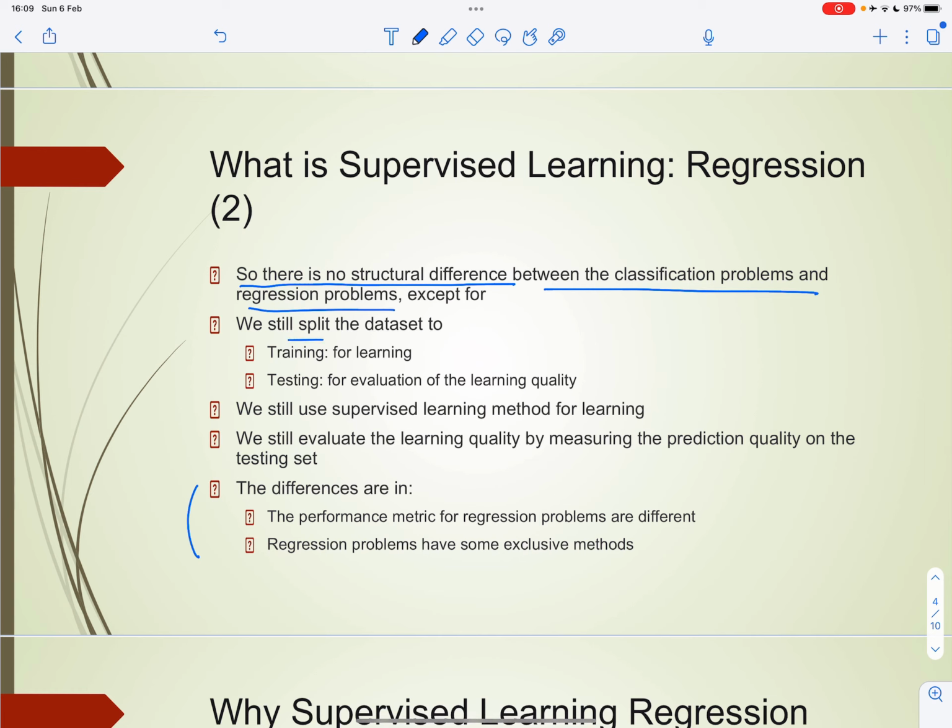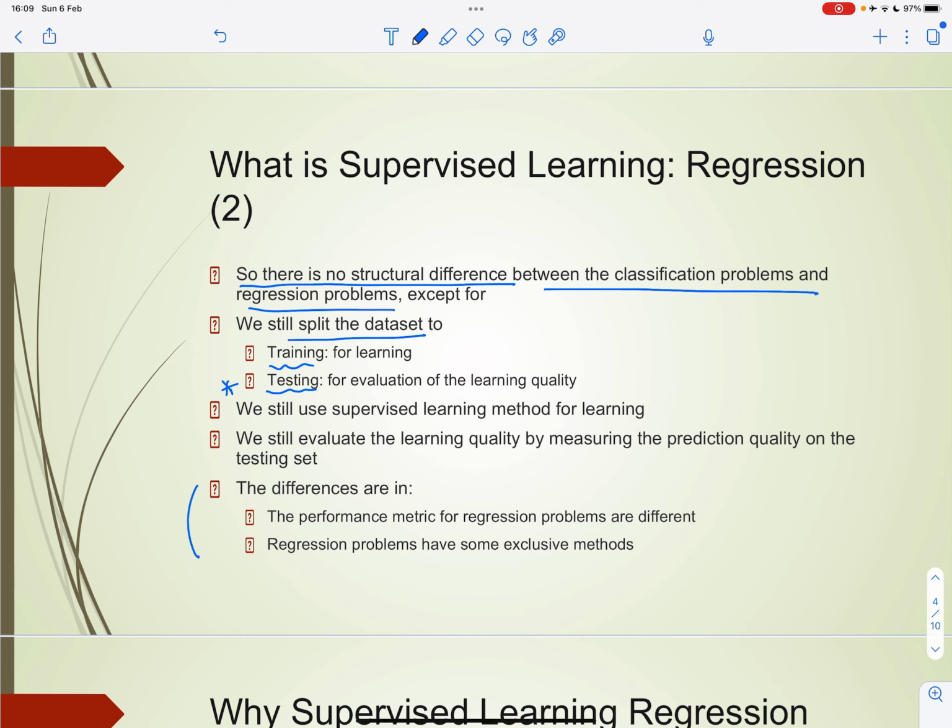We still split the data set into training and testing. Training is for learning, testing is for evaluation of the learning quality, for performance evaluation of our model. We still use supervised learning methods for learning. So there are methods that can be used for learning, either in classification or in regression. We still evaluate the quality of learning by measuring the prediction quality on the testing set, as I mentioned here.